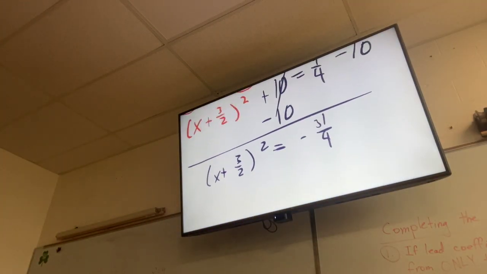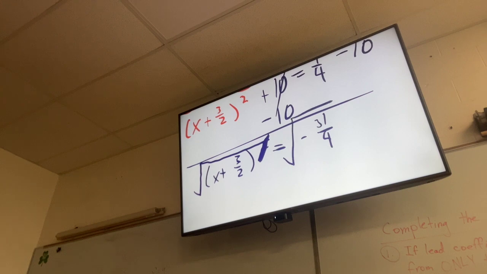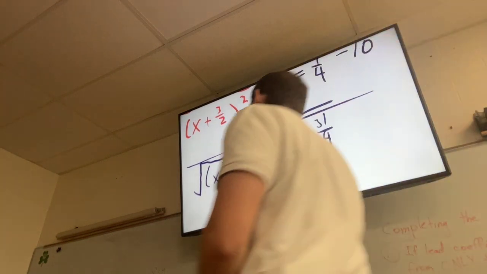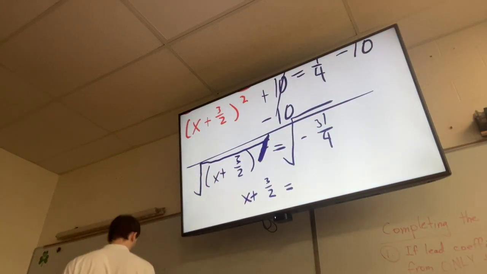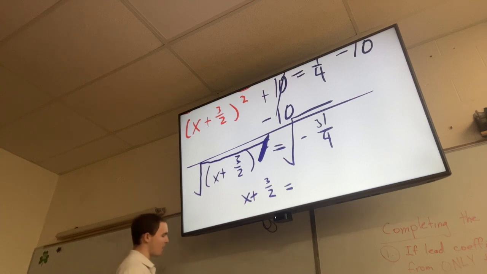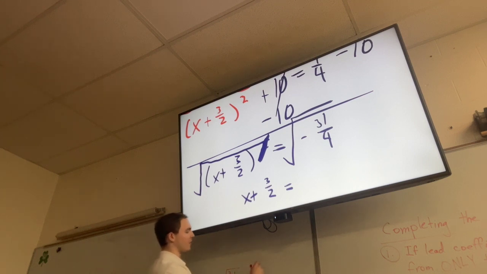All right. Now I can take the square root of both sides. So that square cancels with the square root. Okay, so I have x plus 3/2 equals. Do you guys forget how to take the square root of a fraction? So the square root of 31/4: when you have a square root of a fraction, it's the same thing as the square root of the top over the square root of the bottom.